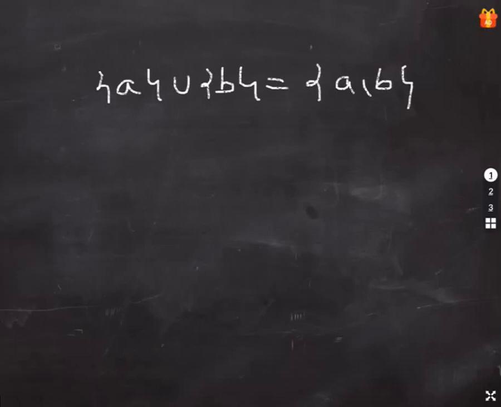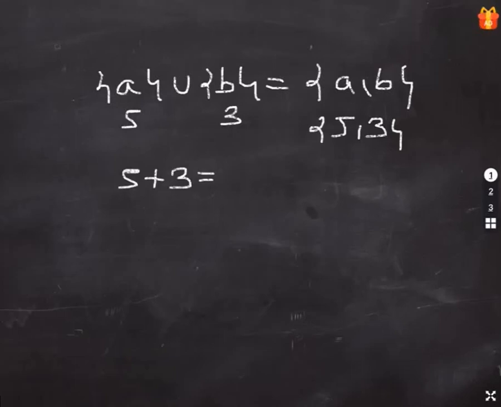When you have the union of two singletons, like say A and B, that's a pair set defined by A and B. So if you had here, I don't know, 3 and 5, you would have the pair set of 5 and 3. But 5 plus 3, we know now, because we have introduced the natural numbers, is 8.